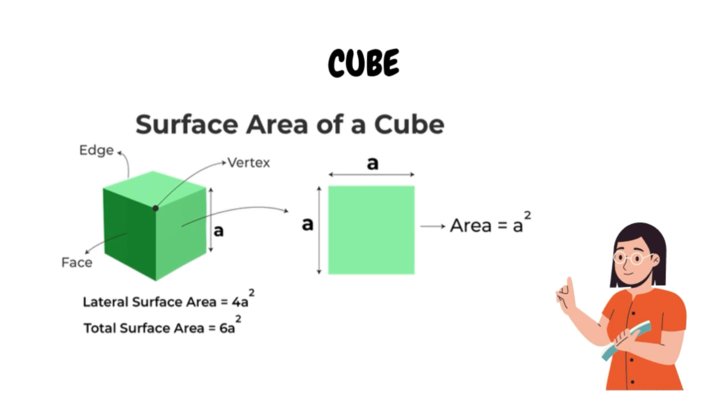All six surfaces taken together will have total surface area of cube as 6a square. Lateral surface area of a cube is nothing but the area of the four surfaces of the cube. So it is 4a square.